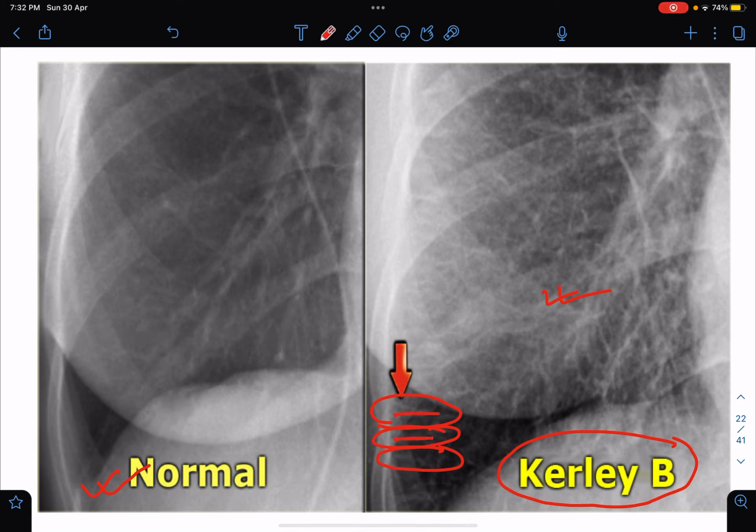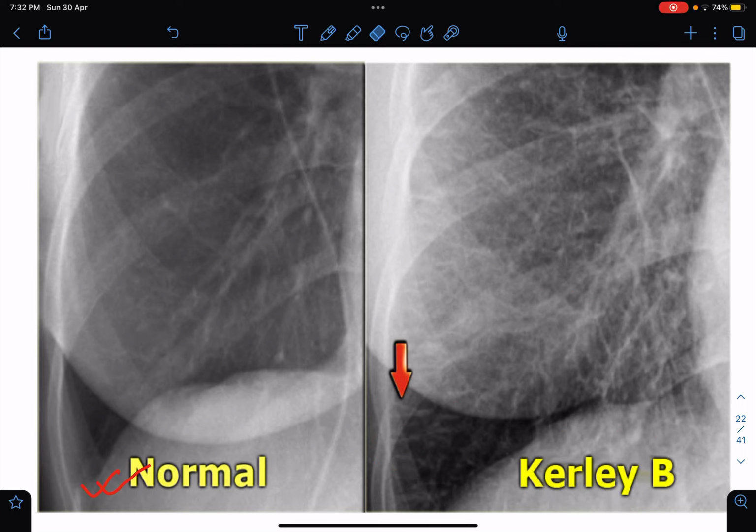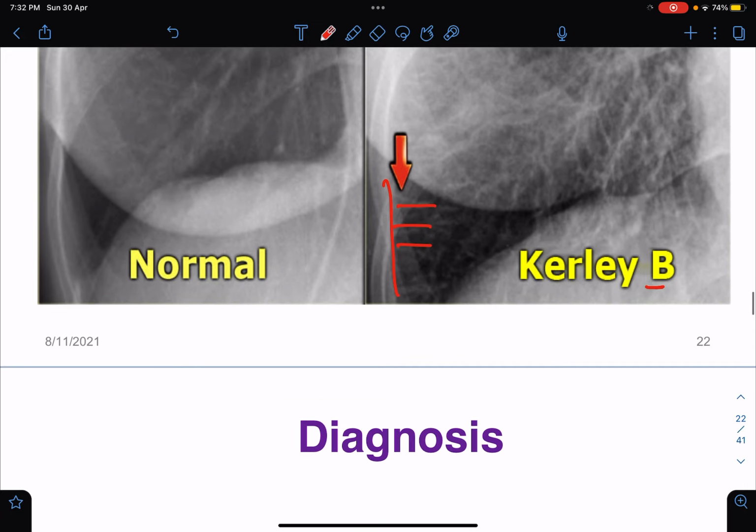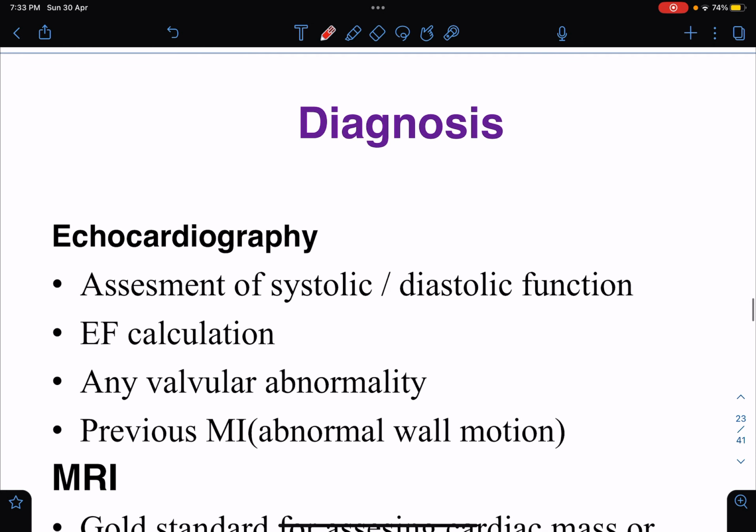Okay, so they are perpendicular to the pleura, and Kerley's B line is always situated in the periphery. They are usually found in the lung base. Since they are found in the lung base, the term B is given. So lung base in the periphery, and they will be perpendicular to the pleural surface. So this is the Kerley B line which we can identify from the chest x-ray in cases of heart failure.